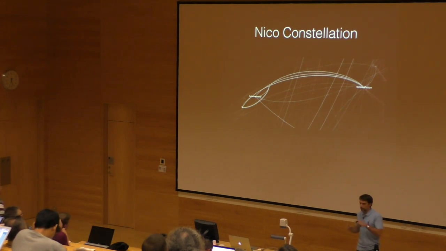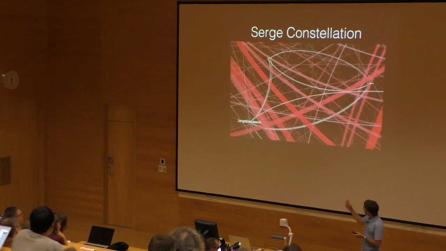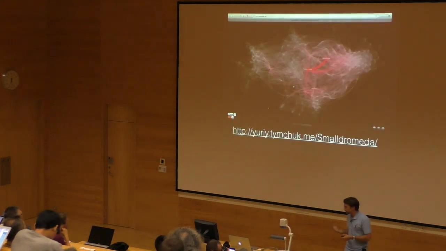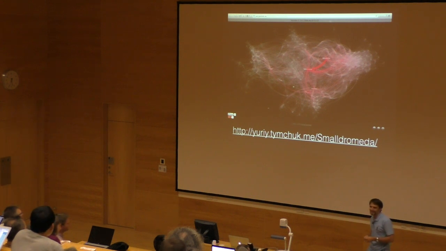And also among people who contribute with the, let's say, main developers, there are also some constellations. So there is Serge Stinckwich from a university in Paris, and he collaborates with other people, but there is a visible constellation, so there is a group of people who work together, right? Sadly, you cannot see much here, but you can go on this website and browse it like Google Maps, and yes, it's fun.